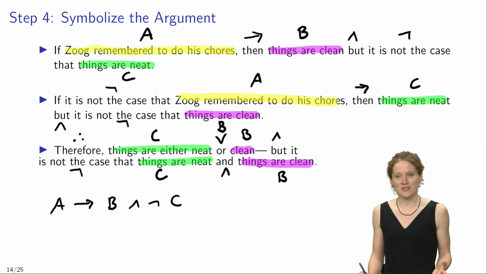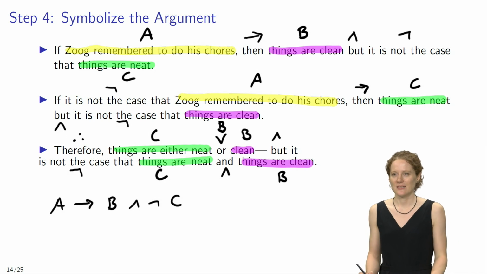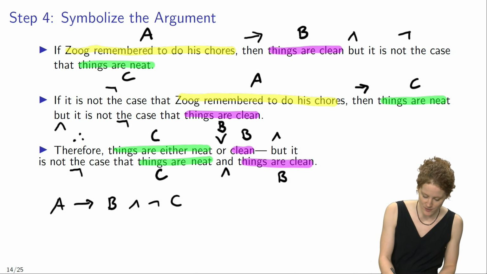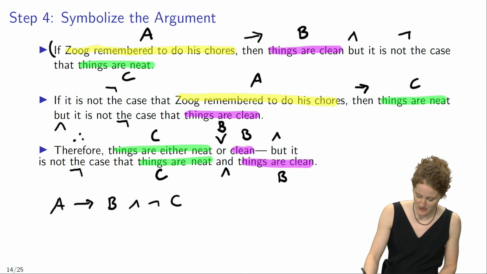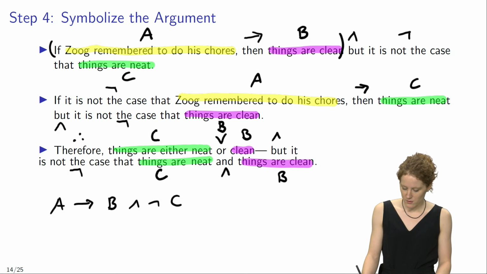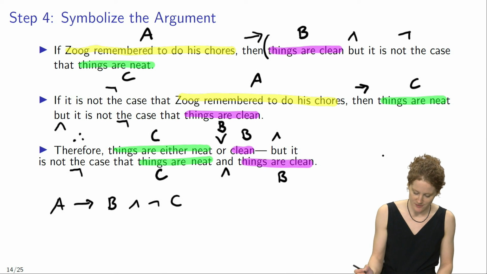Now the tricky question is, where are these brackets going to go? Well, we have 2 main options. We could either put the brackets around the conditional like this, or, and that is the second option, we could put the brackets around the conjunction like this.